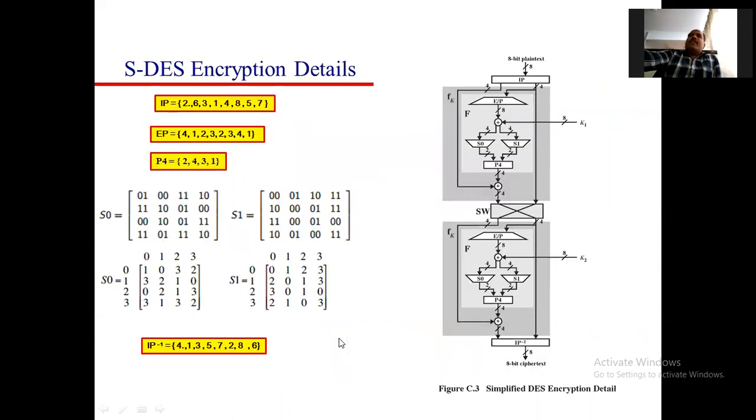Okay, like this one. What is this? This is 0, 1, 0, 0, 1, 1, 1, 0. So what is the value for 0, 1 here? 0, 1 is 0. What is 0, 0? 0, 0 is 1.